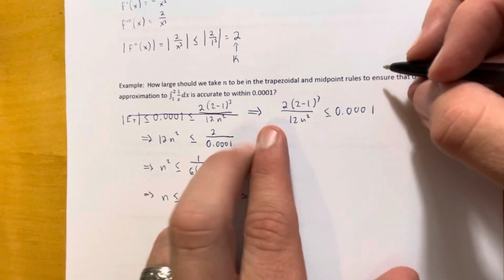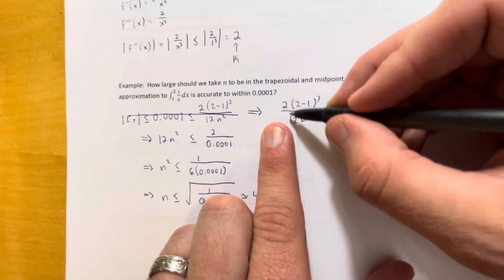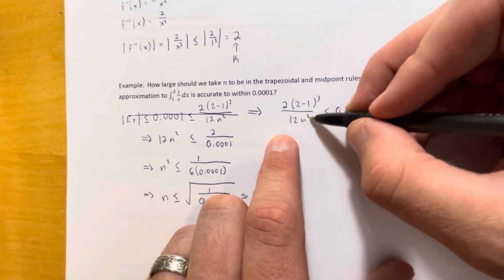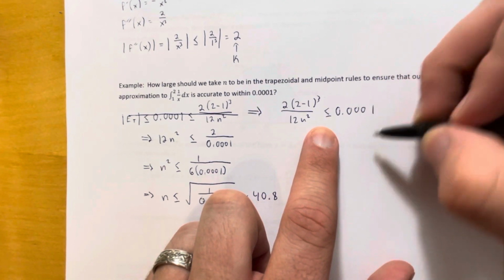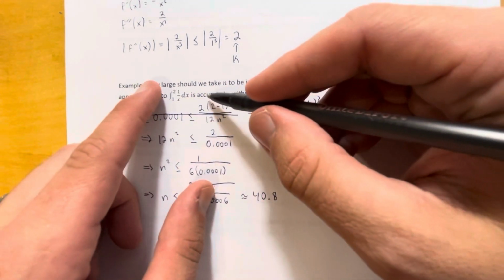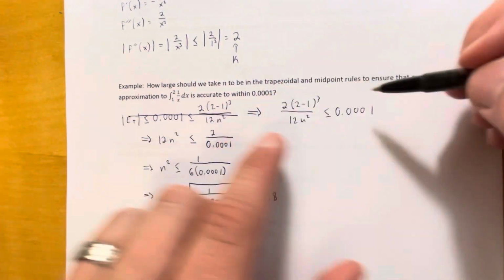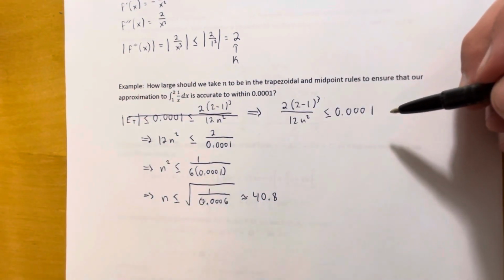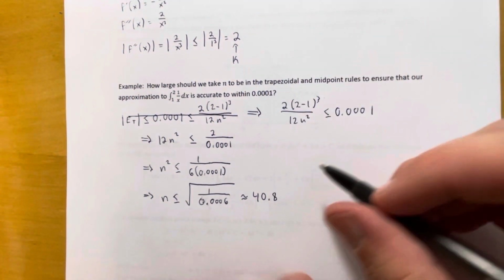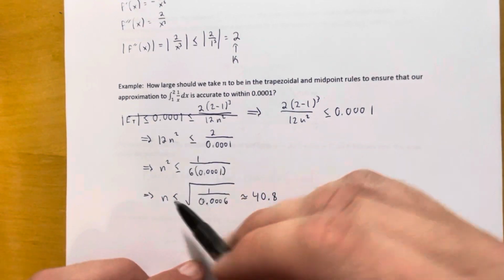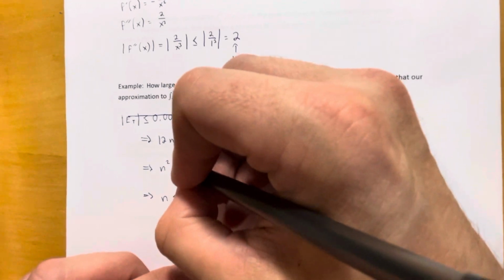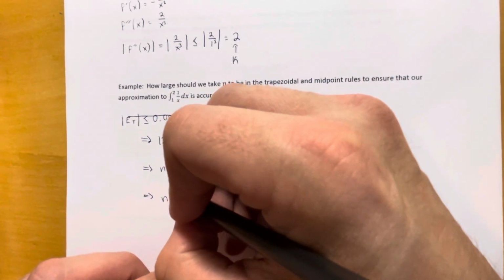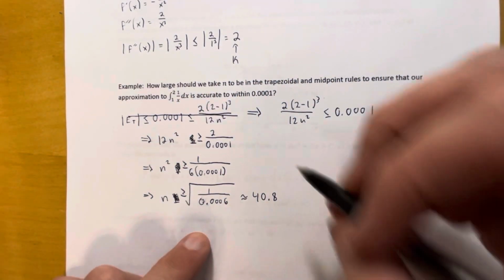So coming back, we know that the error has to be less than this, and if we make sure that this is less than or equal to 0.0001, then we would have ended up with the correct error tolerance. So that was my mistake. So essentially what that's going to do is it's going to flip all of these around. I see where I went wrong there.